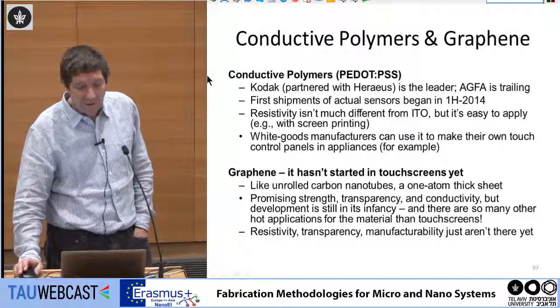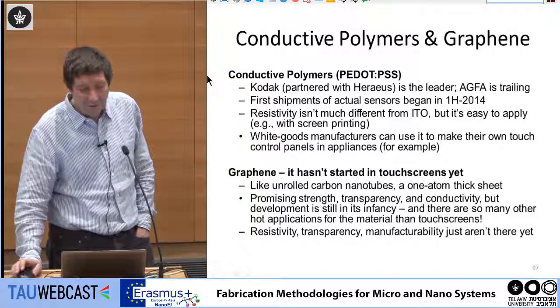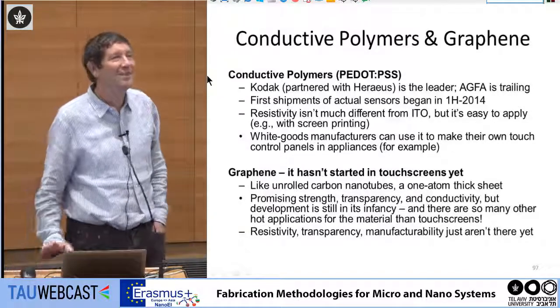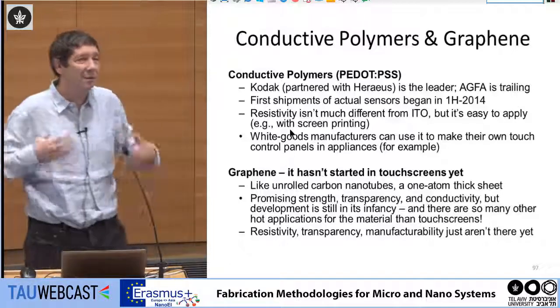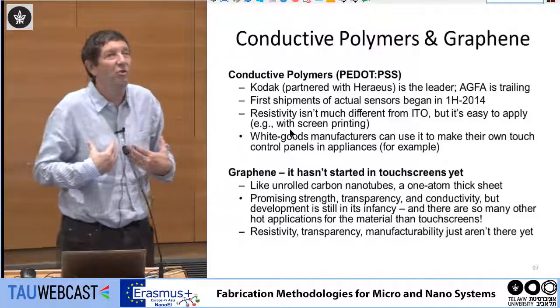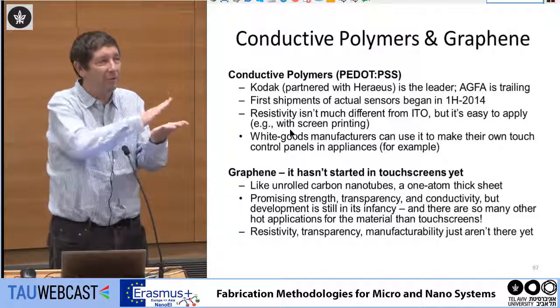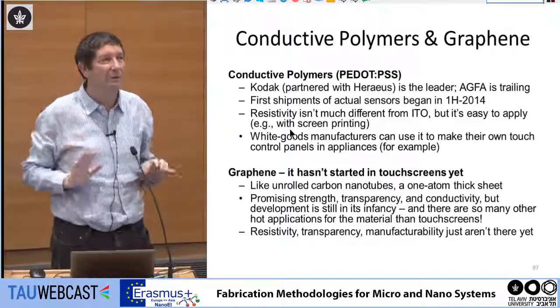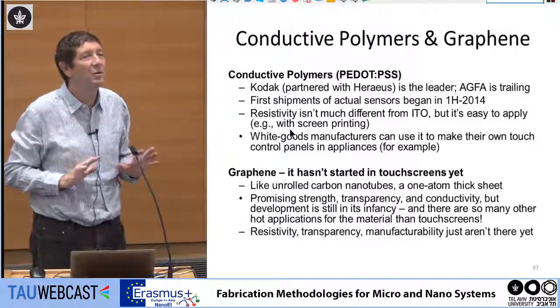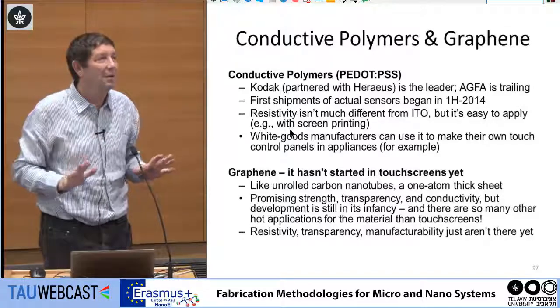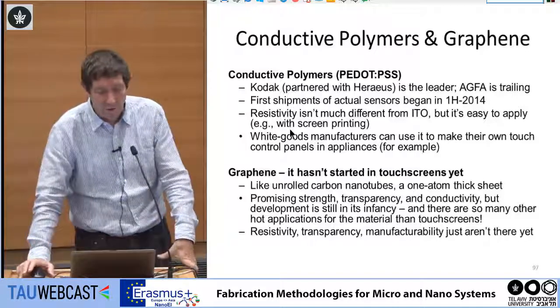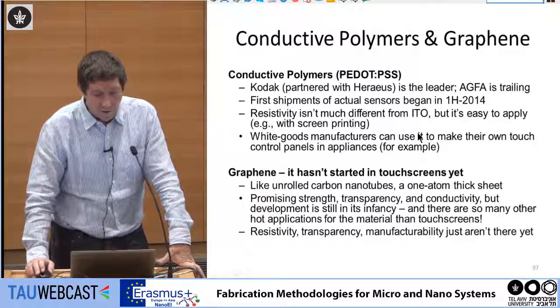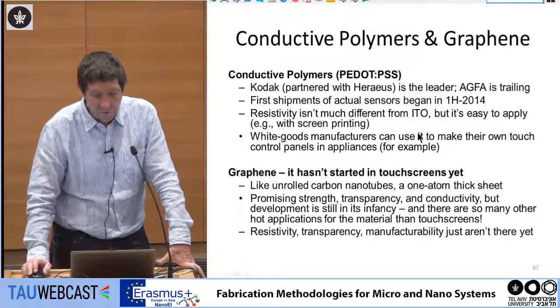The resistivity isn't much different than ITO, but it's easy to apply because you can also use screen printing. Screen printing is like people make prints on shirts: put the pattern, put the ink, and wipe it, and you get the deposition. So you can use it the same way as people paint shirts. It's a very low-cost process. White goods manufacturers can use it to make their own touch control panels in appliances.